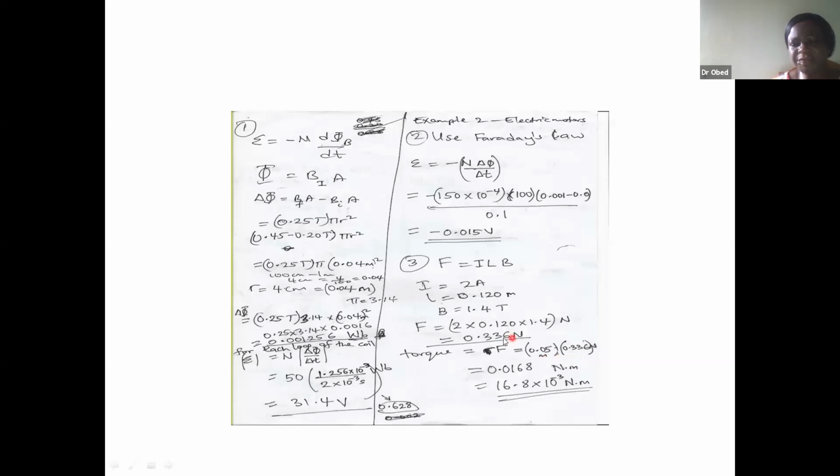With the force calculated here, it gives us 0.0168 Newton meter. The unit of torque is Newton meter. So it's the same thing as 16.8 times 10 raised to power minus 3 Newton meter.